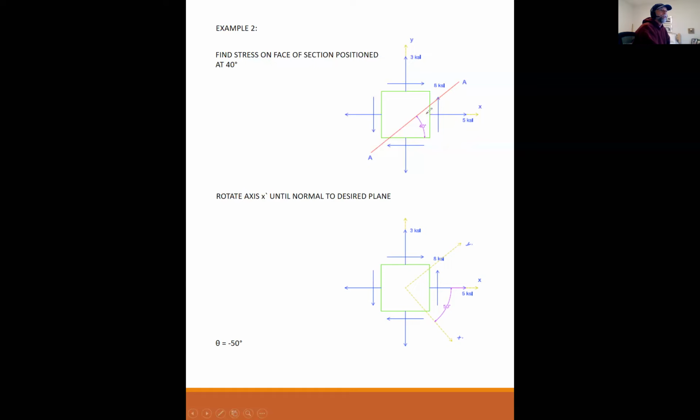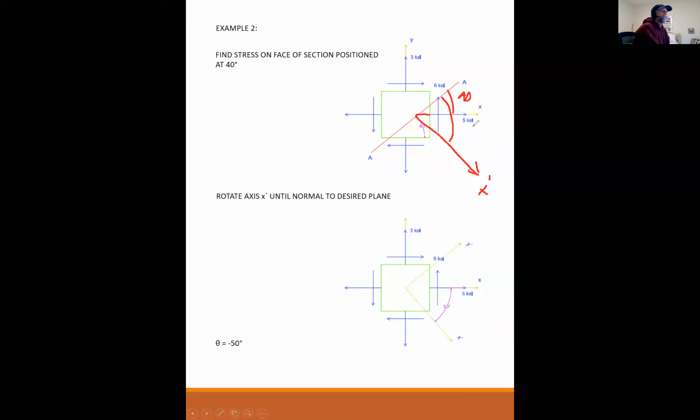So here's your angle. This angle here is 40. And your transformed axis, X prime, is here, normal to that face. This whole angle is 90 because it's normal. That's the definition of normal.